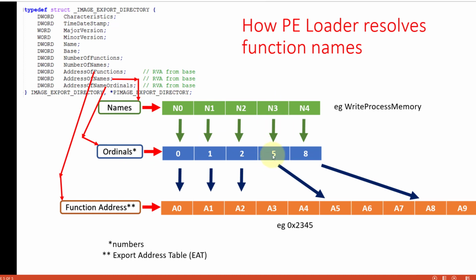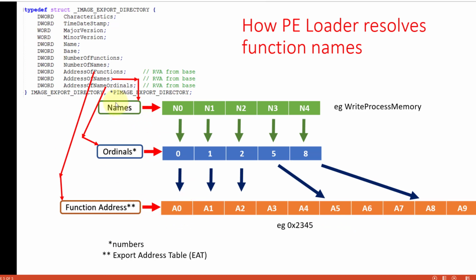It will find that the ordinal for N3 is 5. Once it finds the ordinal, it can then go to the function address array and look up 5: 0, 1, 2, 3, 4, 5. So A5 will be the address for write process memory, or N3. This is how the PE loader resolves function names.